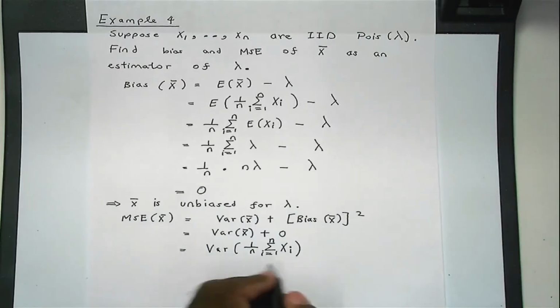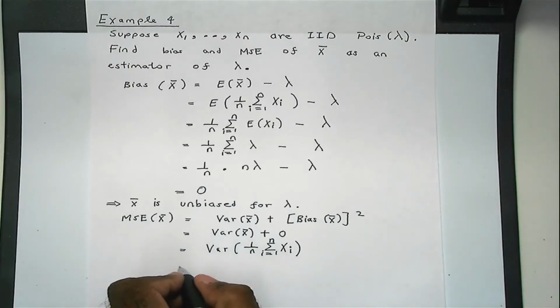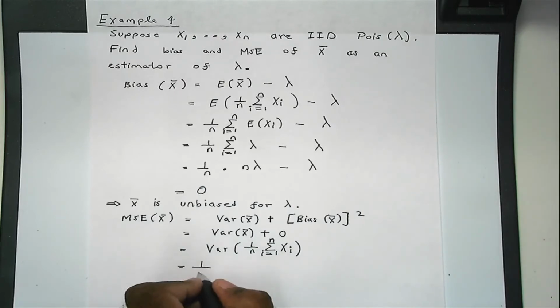Taking the variance inside the brackets, you have 1 over n squared.